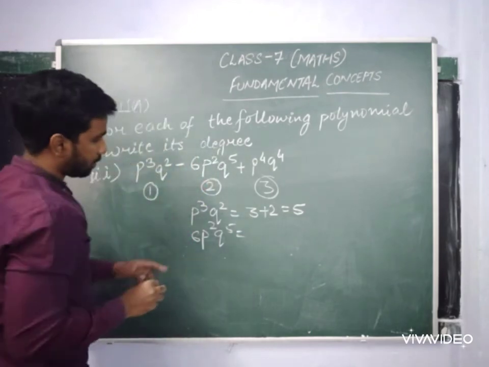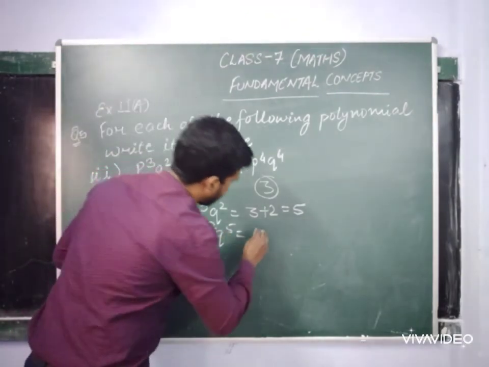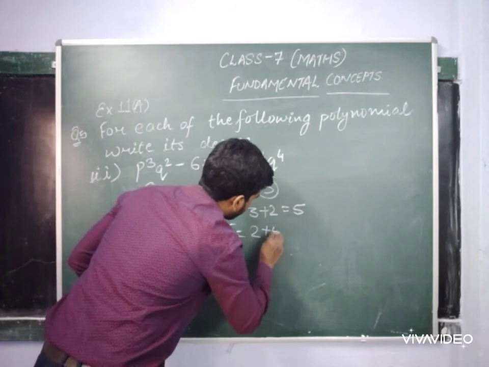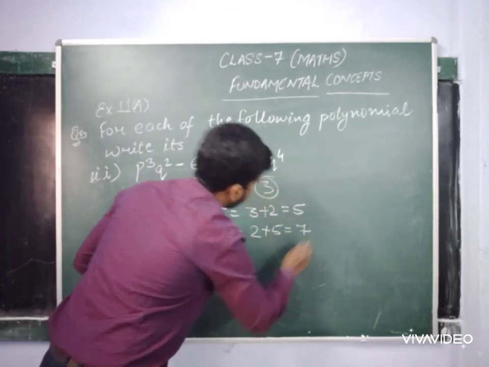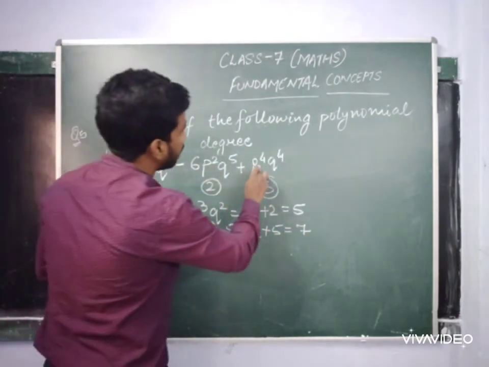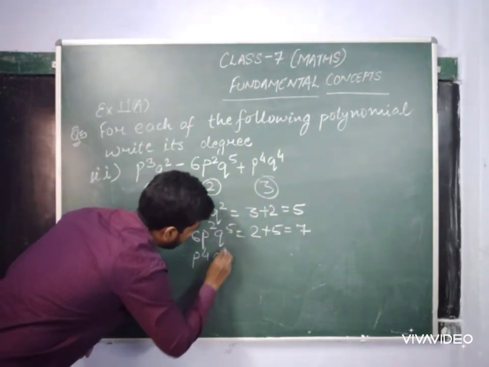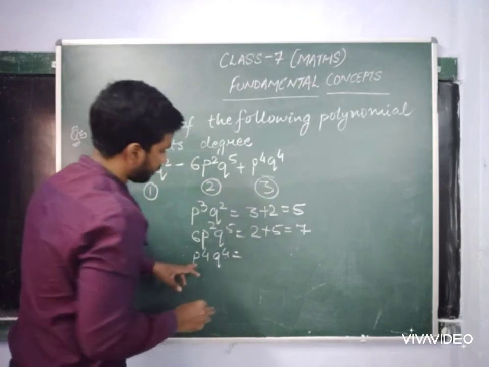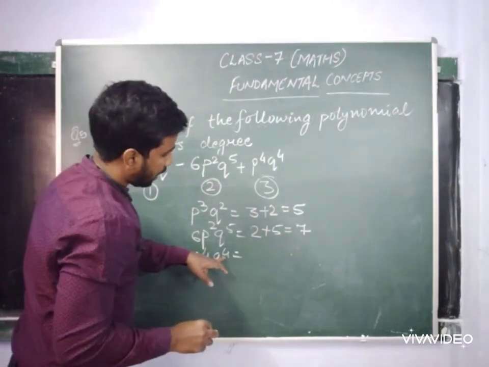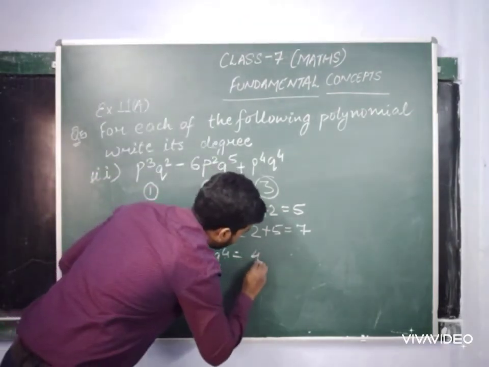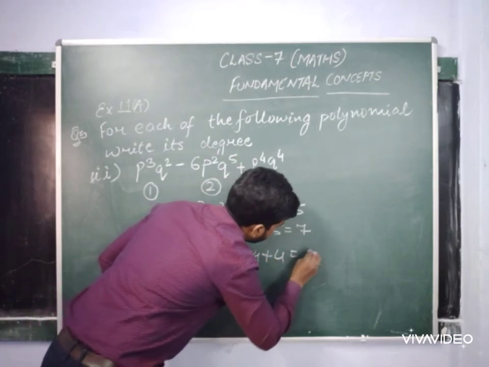So what will be the sum? 2 plus 5, that is 7. And for this term, p to the power 4 and q to the power 4, this is 4 and 4. So 4 plus 4 equals 8.